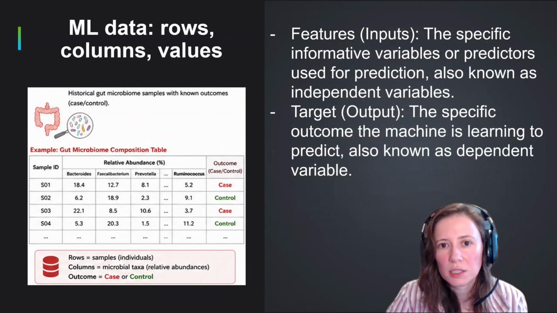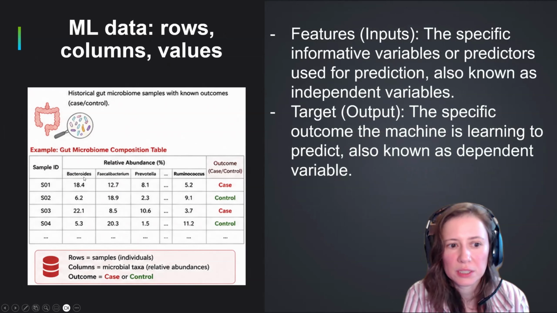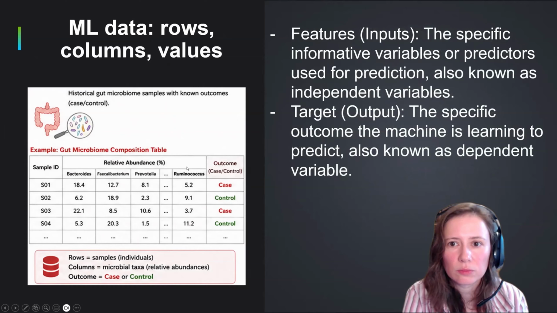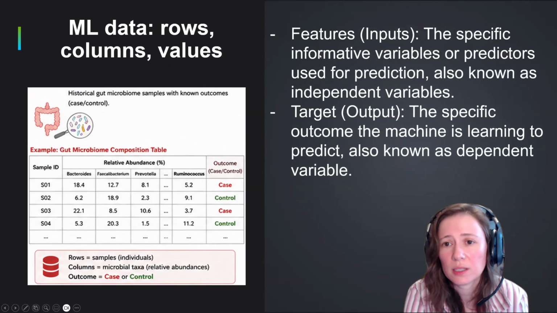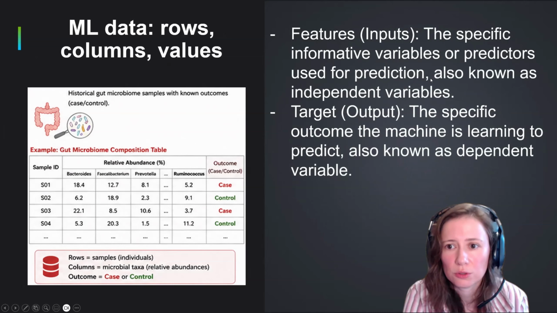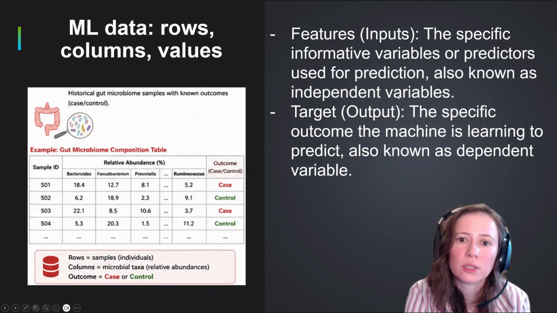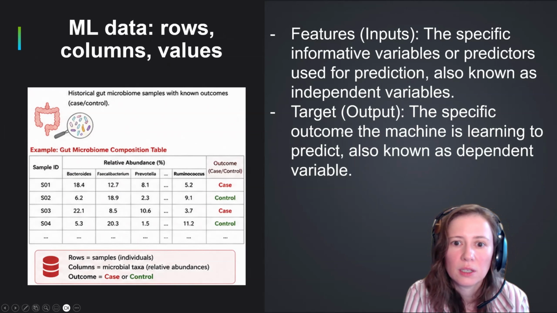And just some key additional terminology here. When we are talking about the predictors, or the columns in your data set, in machine learning we call those features, which are basically the input, the specific informative variables or predictors used for your model training and for inference, for prediction later. They're also known as the independent variables.